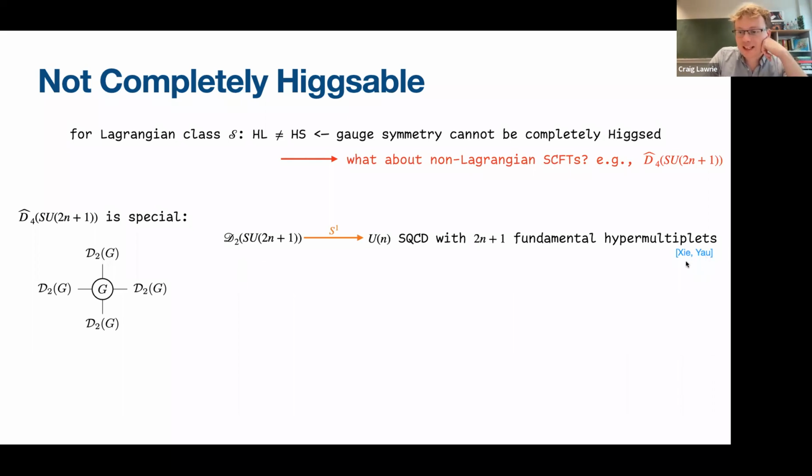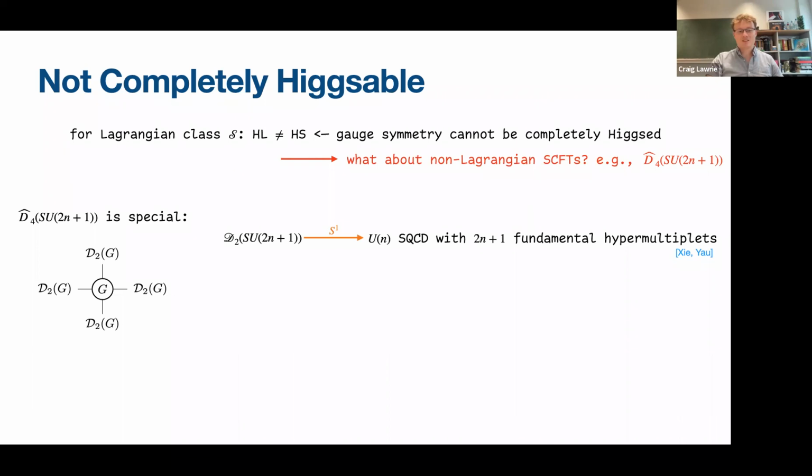by this work of Dan Xie and Wenbin Yan, they tell us that if you start with the D2 SU(2n+1) theory and you compactify it on an S1, the so-called 3D reduction, then you have a U(N) SQCD with 2n plus 1 fundamental hypermultiplets. So that's Lagrangian.